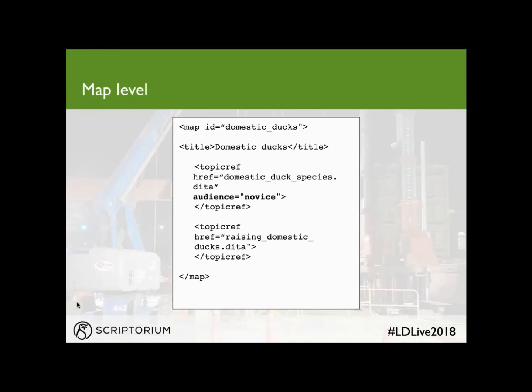So if you've got content that only applies to certain geographic areas, then having a specialized metadata filtering attribute for region might be helpful. And we also have seen a need a lot of times for things like product family. So if you've got a specific group of products and you've got information that belongs only to that group of products, then having some metadata for product family will also be useful.